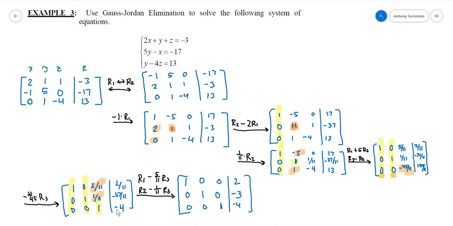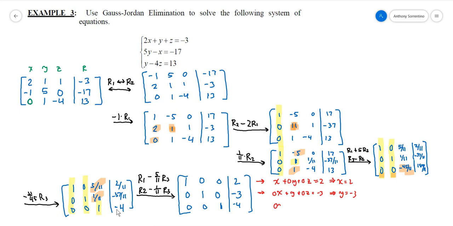And so what these equations are telling me now is that, again, I have 1x plus no y's plus no z's equaling 2, which basically means that x equals 2. This one's saying I have no x's, 1 y, no z's equaling negative 3, which basically means y equals negative 3.